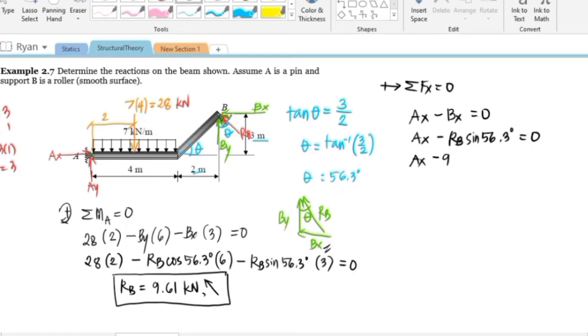We have 9.61 kilonewton. Sine of 56.3 degrees is equal to 0. Then the value of our AX is equal to 8 kilonewton. Since positive yung lumabas na sagot, meaning tama yung assumption natin that AX is directed to the right.